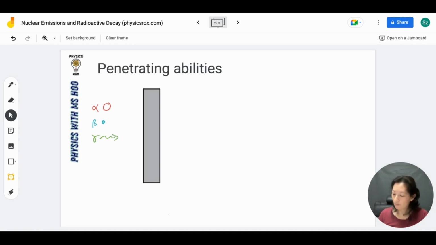So if all of them were to approach the same obstacle, think about it. Obviously, because gamma doesn't have any particles, it's able to more easily pass through objects. Between alpha and beta, beta is smaller and travels at high speed, it's able to penetrate a little bit more.